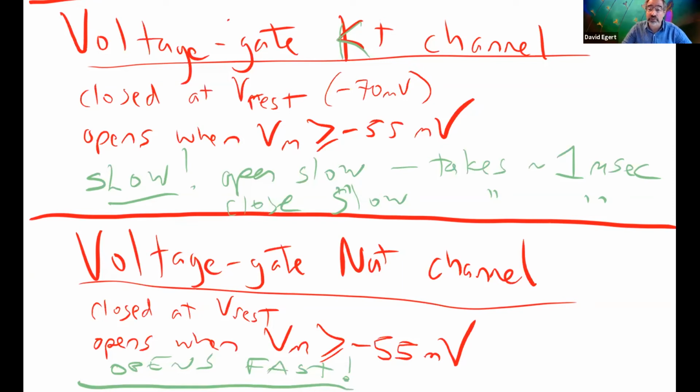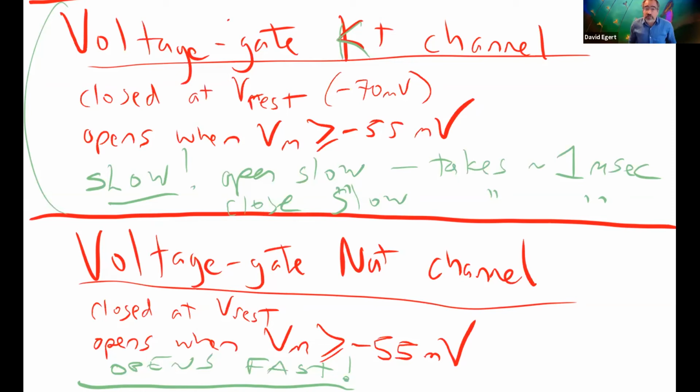For our purposes, as soon as the membrane voltage hits minus 55 and above, they're open. Imagine they're open. Again, these guys aren't going to open for a whole millisecond after this. So there's going to be this millisecond where the sodium conductance is really high and the potassium conductance hasn't changed at all.